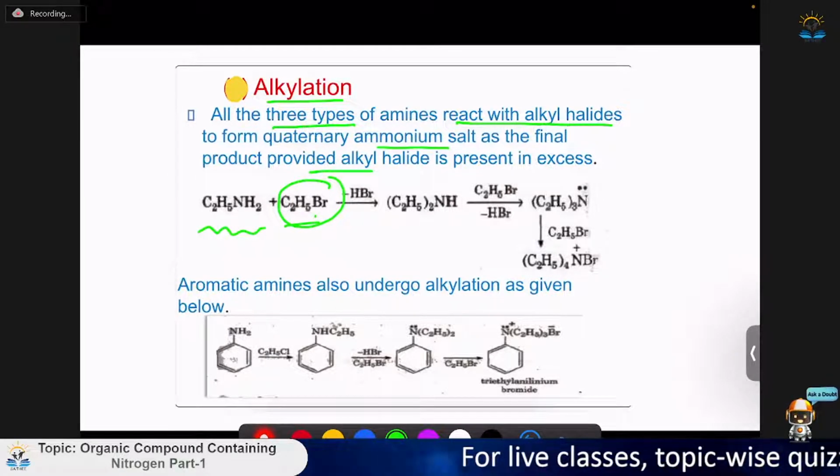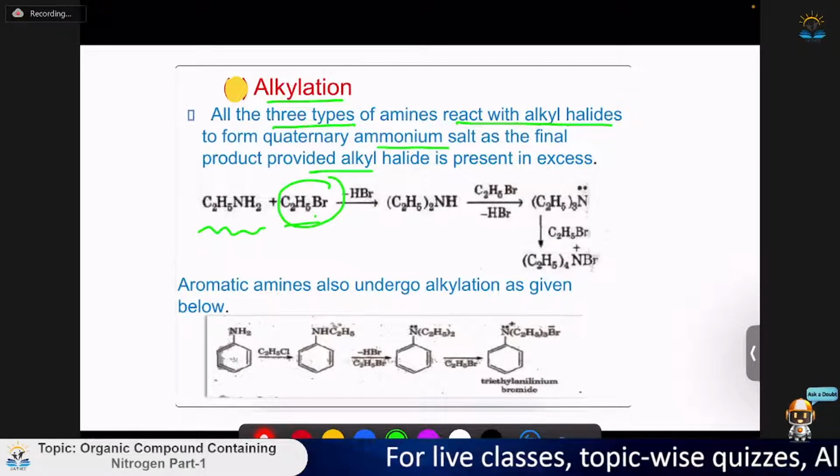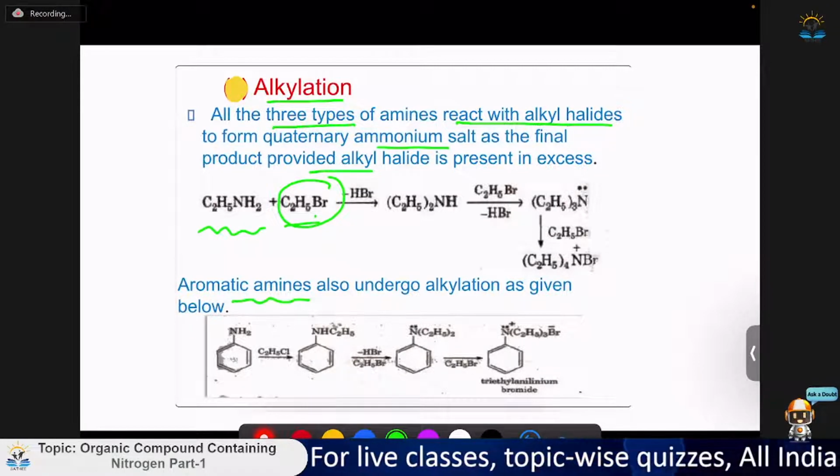Similarly, this was for aliphatic. Now, for aromatic, the same case is there.